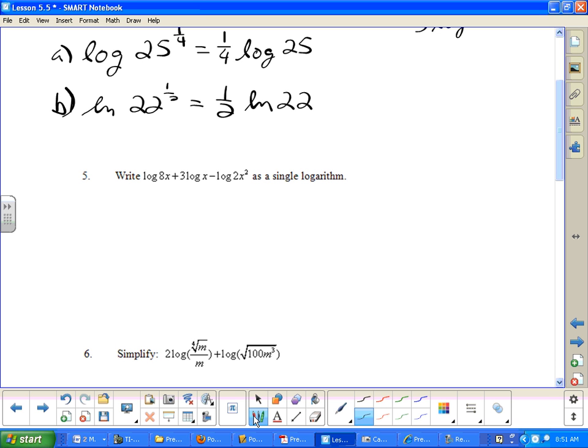In other words, the coefficient of each logarithm must be the number 1. Anytime we have a coefficient of the logarithm, that needs to become an exponent first. For the middle one, we have 3 in front of the logarithm, so my first step is to change that to an exponent. So we have the log of 8x plus the log of x cubed minus the log of 2x squared.